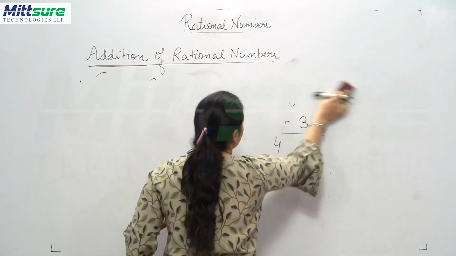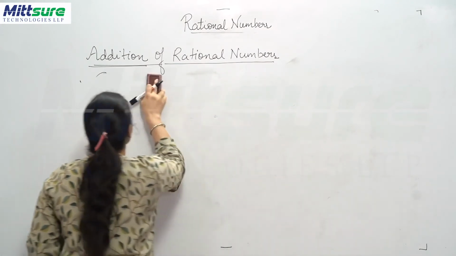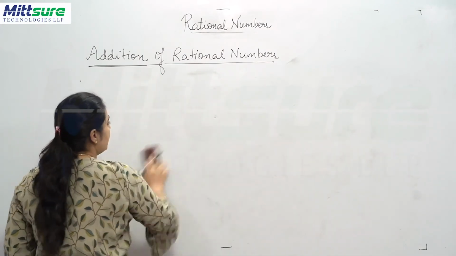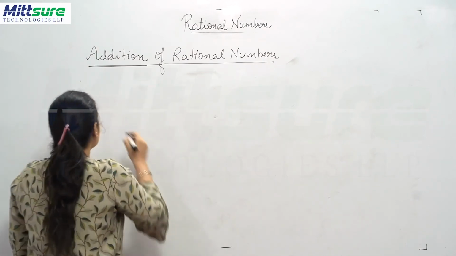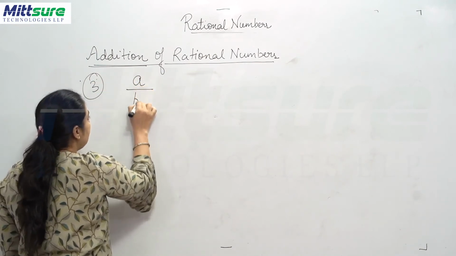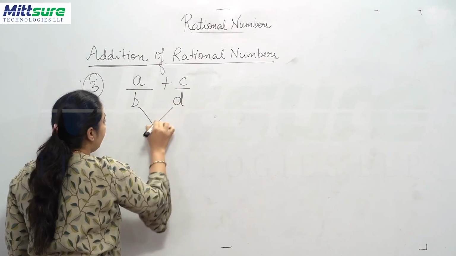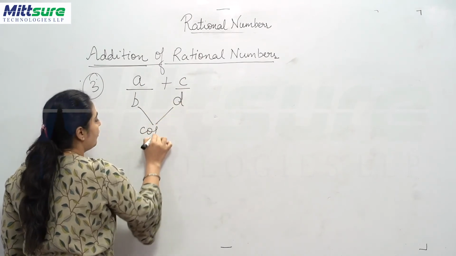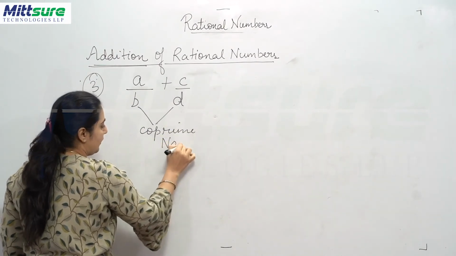which we will talk about here is when the denominators of the two rational numbers are co-prime numbers. So let's see in the third condition, a upon b plus c upon d. Here b and d both are co-prime numbers. Okay.